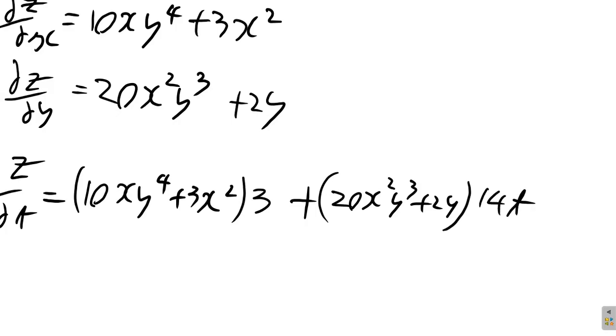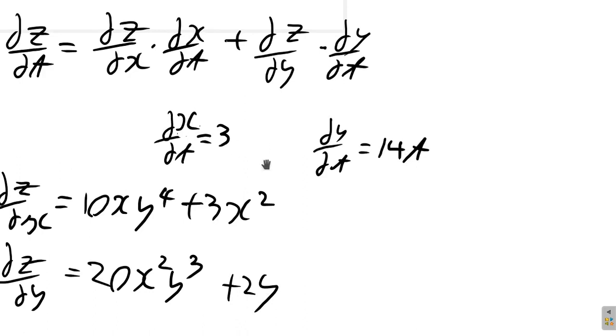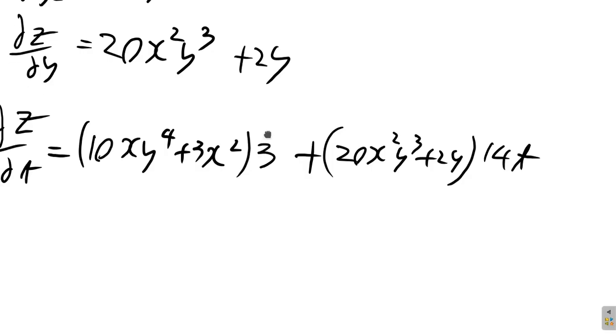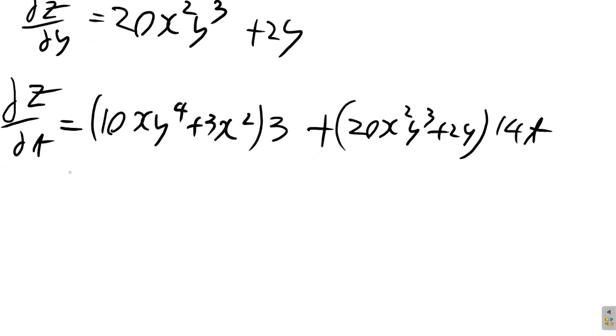Now we can simplify it, but remember, the question says that t is negative 3. So t is going to become negative 3.